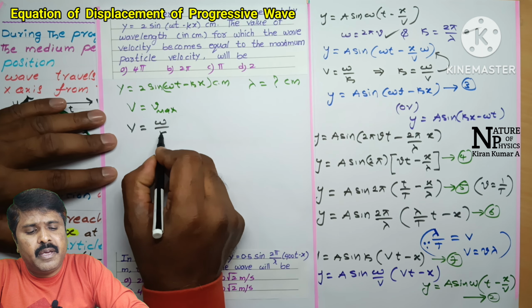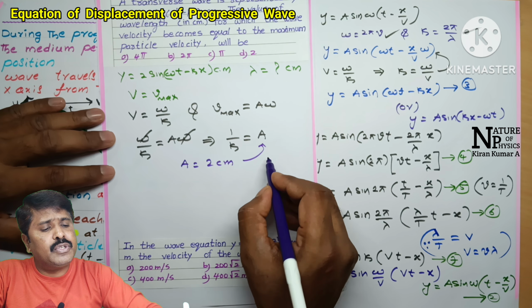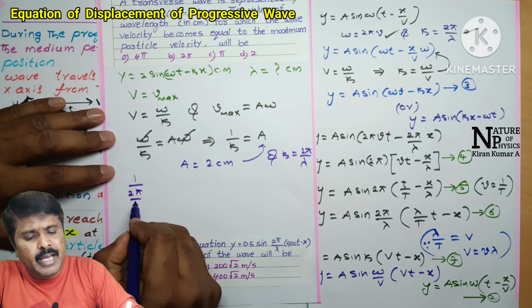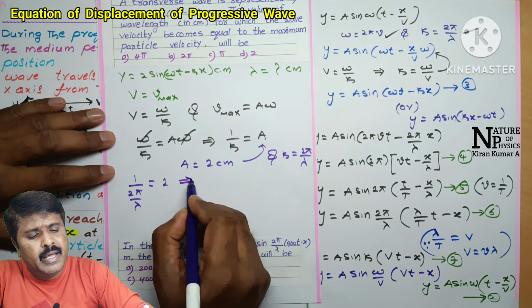According to the question, how much is the amplitude? A is equal to 2 centimeter, which is given, and we replace it in the above equation. Next step, k value is 2 pi by lambda. K is the propagation constant, so we replace it with 2 pi by lambda. That's why we get 1 divided by 2 pi by lambda is equal to 2.